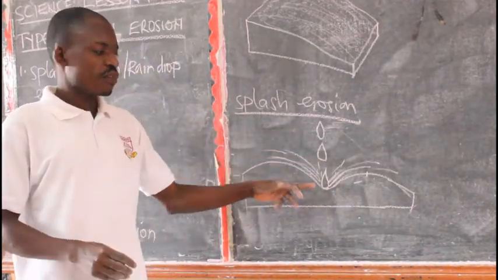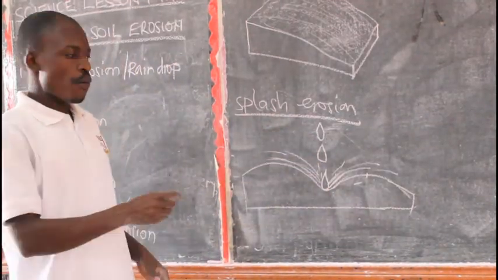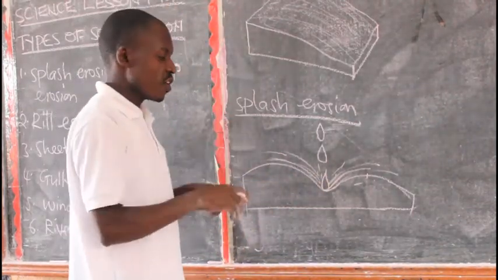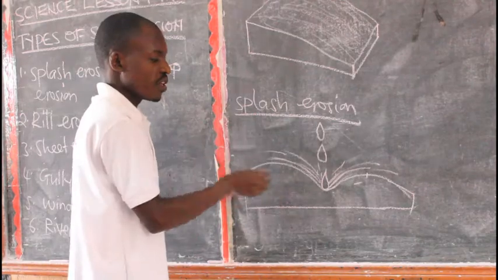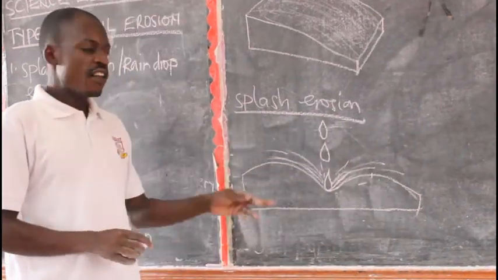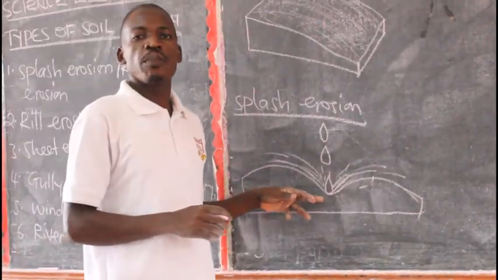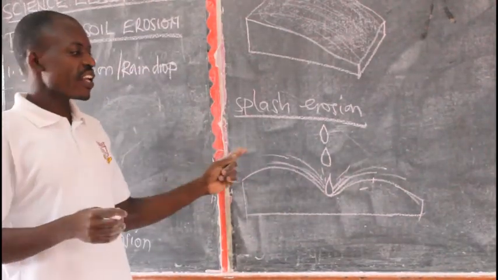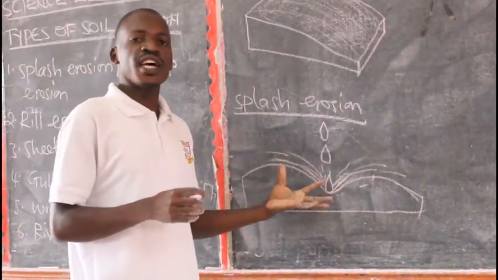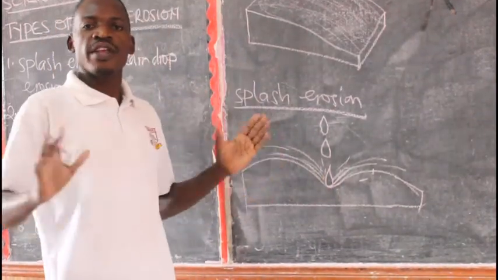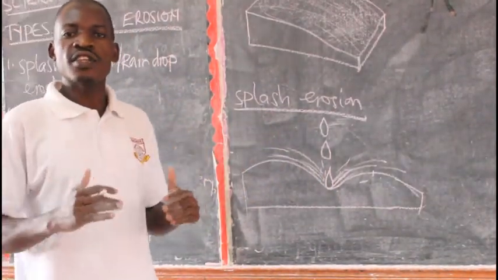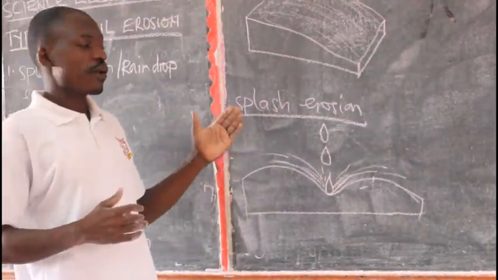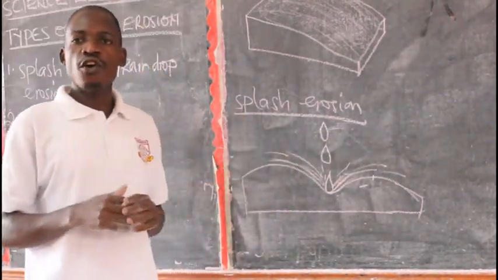These are raindrops, now dropping. When they reach our bare ground and splash, we see the soil particles moving apart, leaving their original position. So this is what we call splash erosion. Where the rain drops, it makes the soil splash, spread away or move from its original position. That's why we call it splash erosion or raindrop erosion.